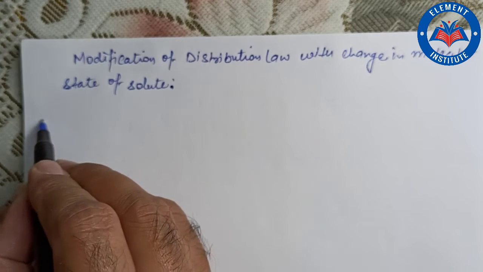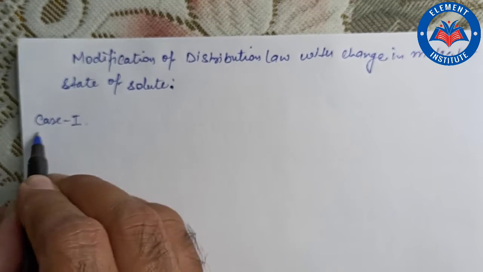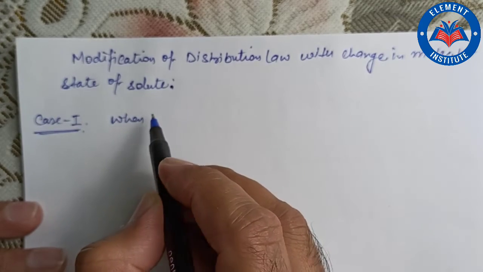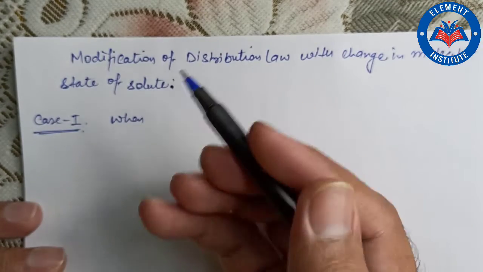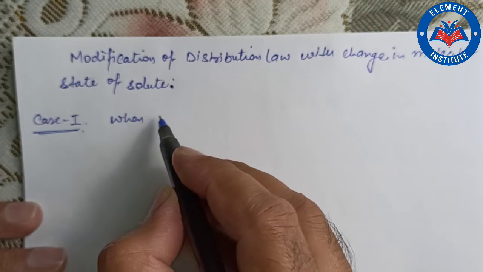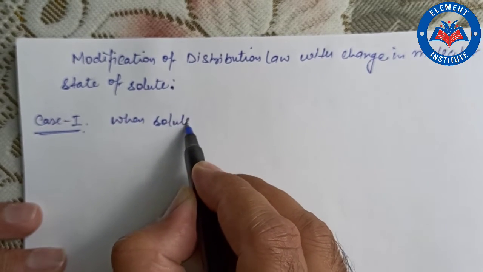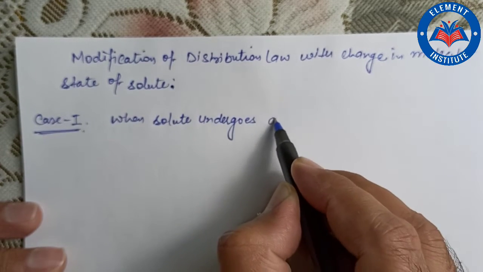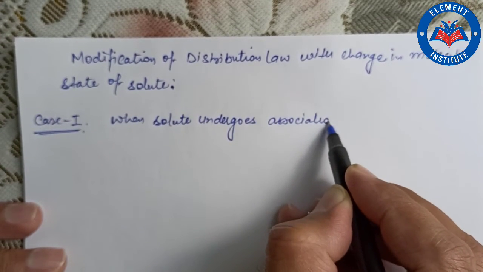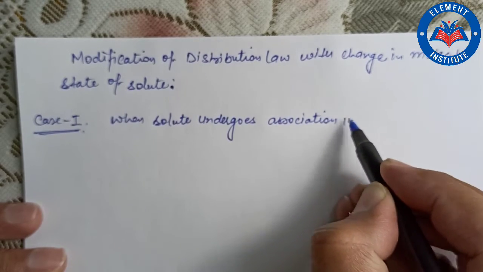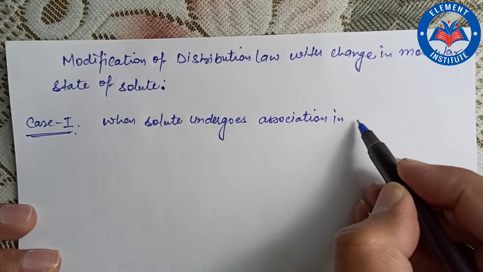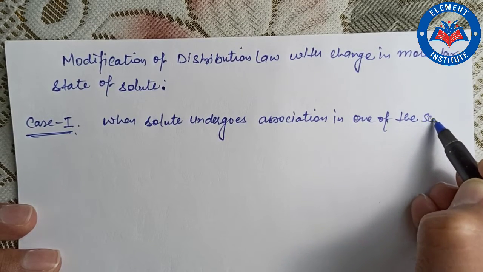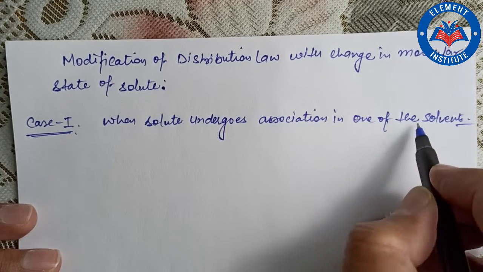Let me start with the first case. 1. When the solute undergoes association in one of the solvents.